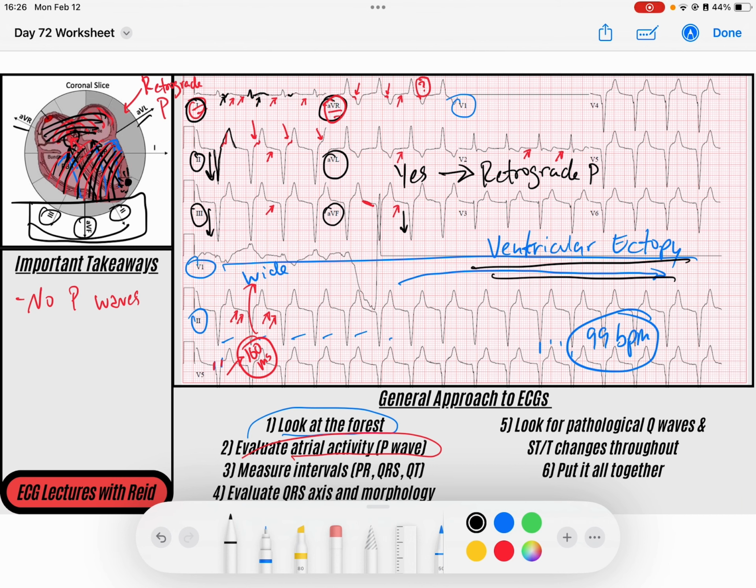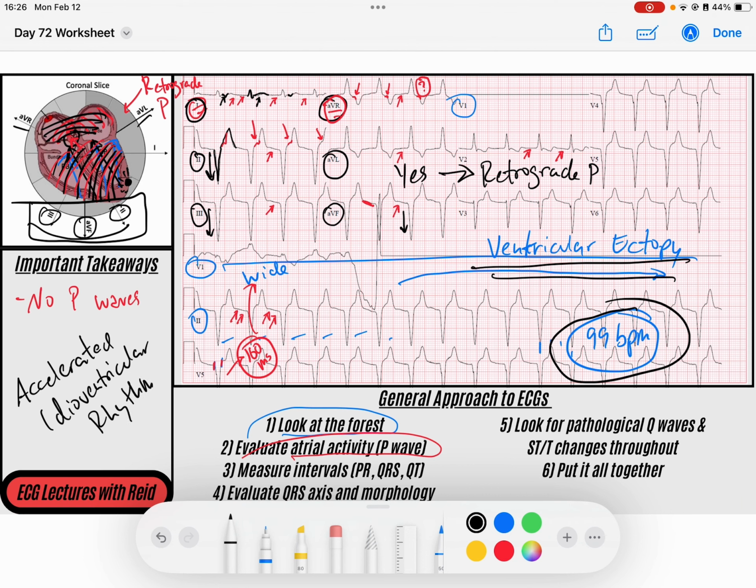And so, because it's a ventricular ectopic rhythm, and it's not tachycardic, we would call this an accelerated idioventricular rhythm, or AIVR.